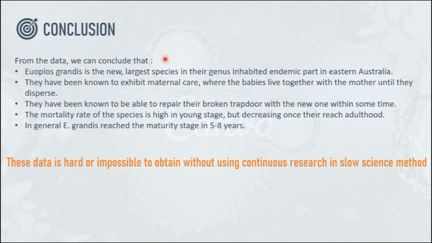We have to research over a long time. You can't just go from the first month to another month and get an instant result. And once again, that's how slow science takes part in this research. It's very important to know all of this data.